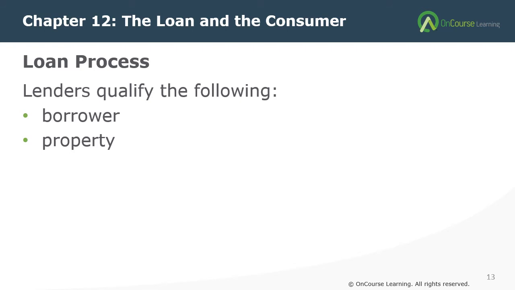If the loan goes belly up, then the lender is left with the property, and if sold, it must be sufficient to extinguish that unpaid debt. And the lender would also qualify the title. Who has title to the property?